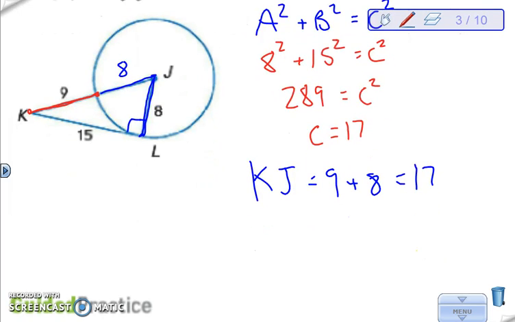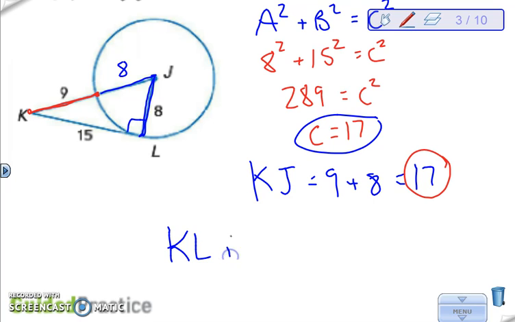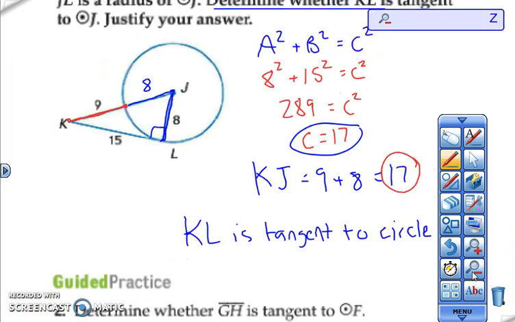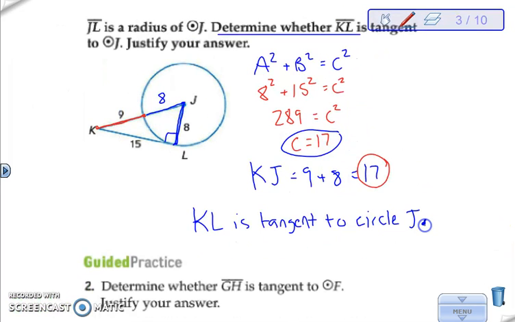So because I got 17 for both lengths, KL is tangent to circle J.